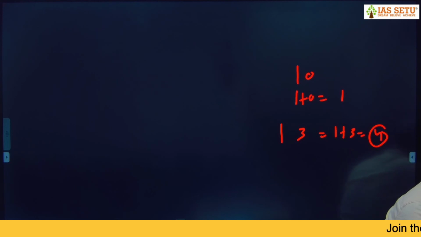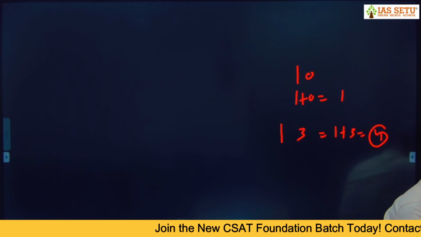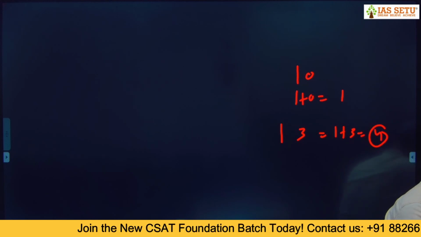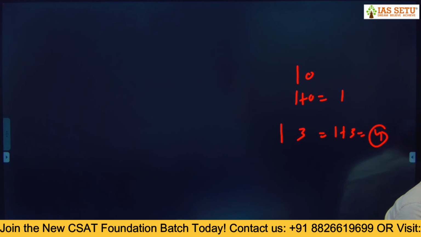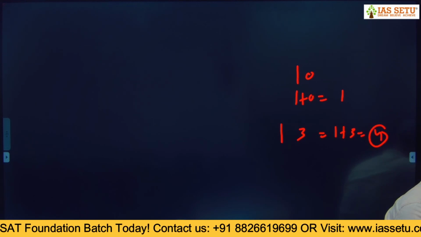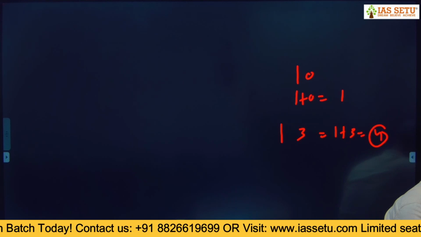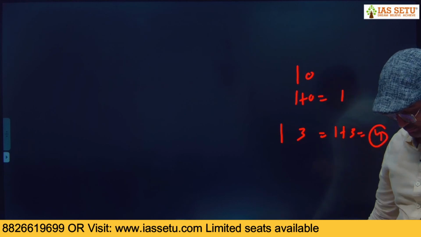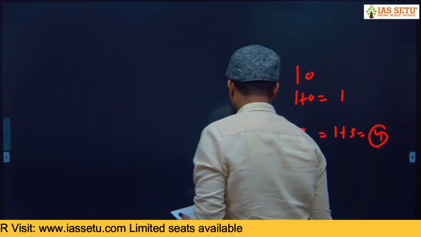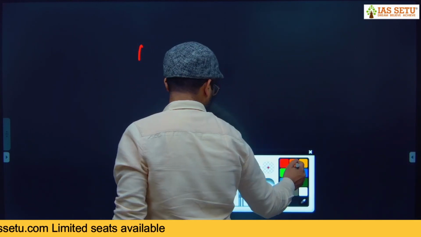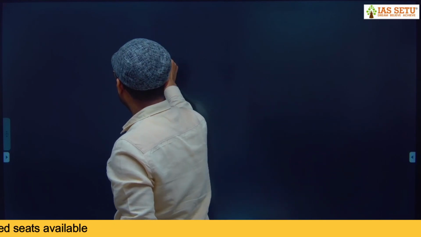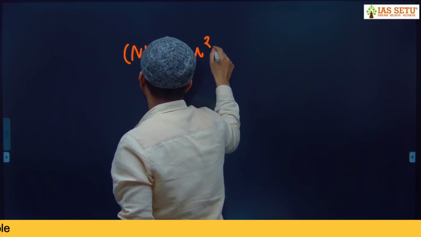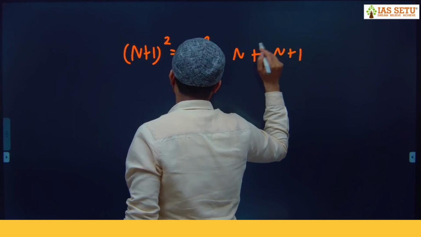Okay, I will explain n plus 1. Our observation is that n plus 1 square is nothing but n square plus n plus n plus 1.